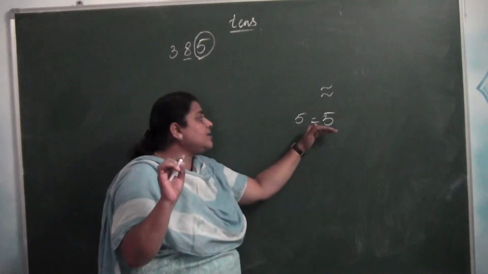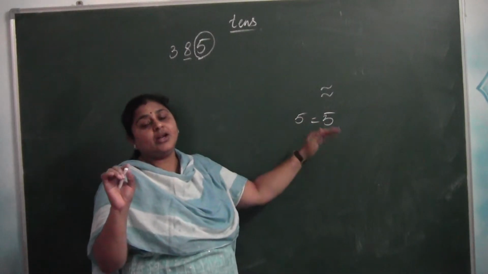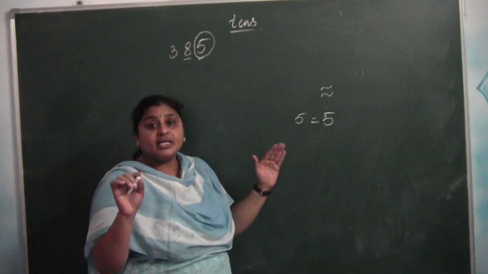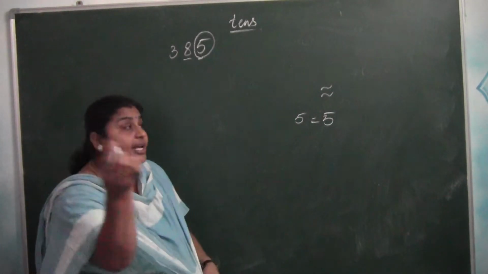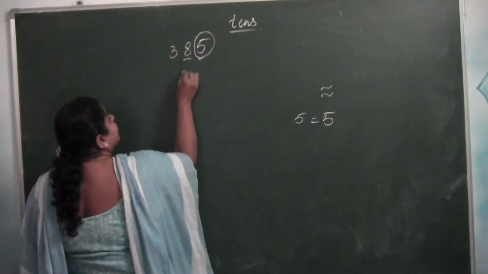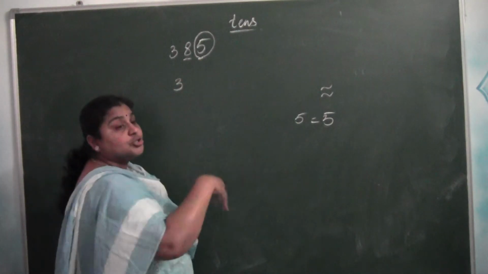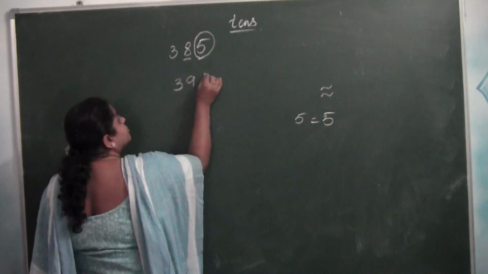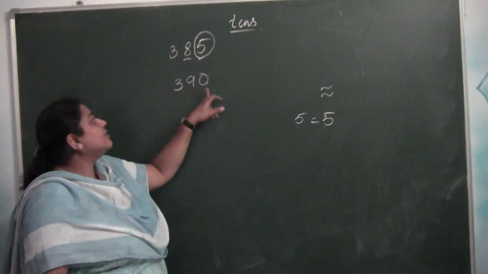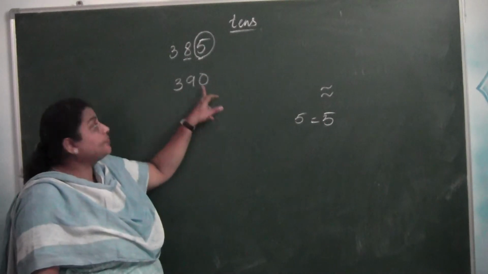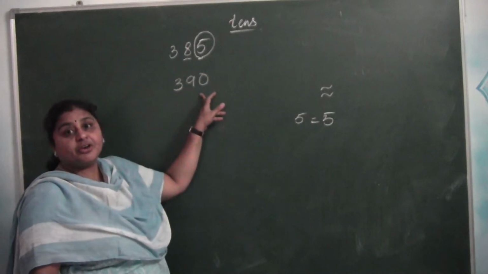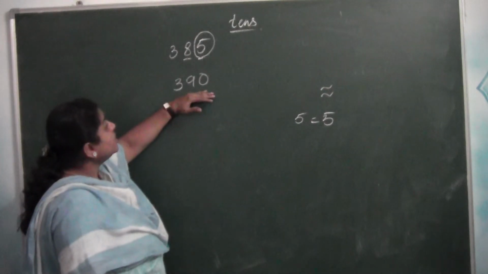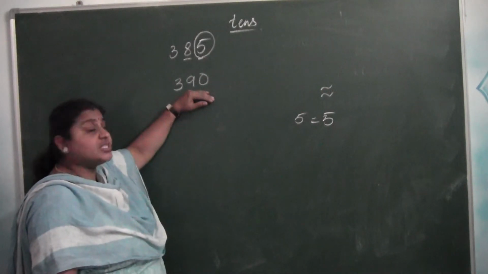If any number is greater than or equal to 5, then this underlined digit changes to its next number, that is 8 changes to 9, and here the ones place will be 0. 385 I have rounded off to nearest 390. Okay children, now this is rounding off to nearest 10.